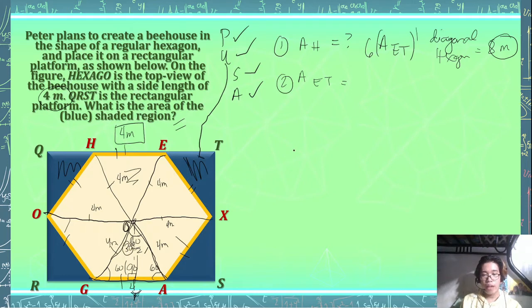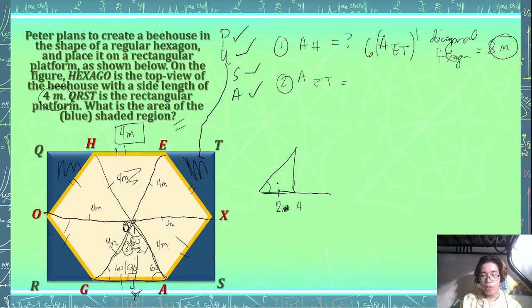Okay, so therefore we have here a 30, 60, 90 special right triangle. If the base of this triangle is equal to 4, and it's been bisected, this is gonna be 2 meters. Let's just remove the m there so that we don't get confused.